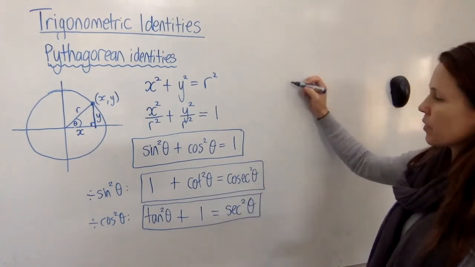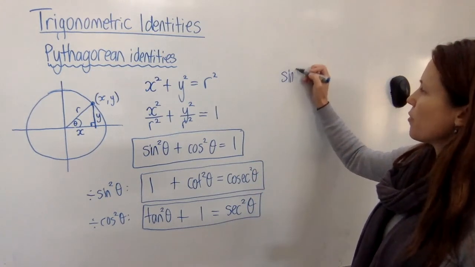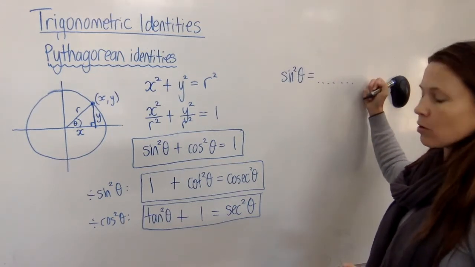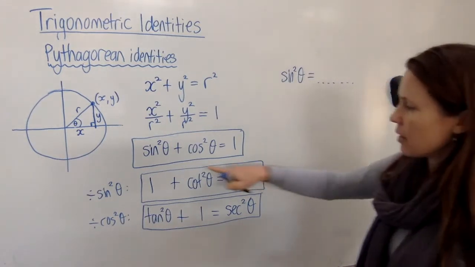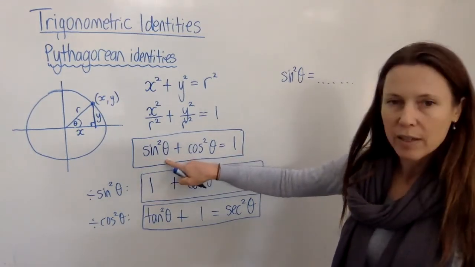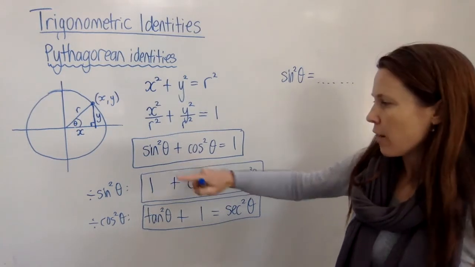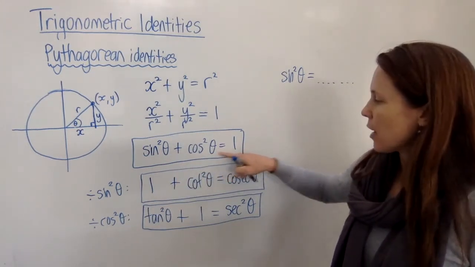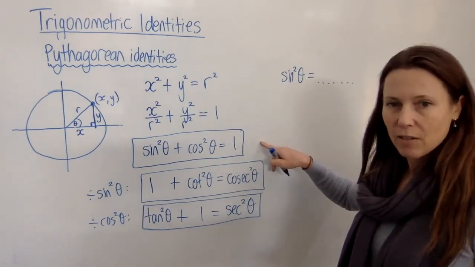For example, if you had sine squared theta and you wanted to find something else that was equal to it, then taking this identity, well, if you want to get sine squared theta on its own in this equation, you'd have to subtract cos squared theta from both sides, wouldn't you? That would give you 1 minus cos squared theta on this side.